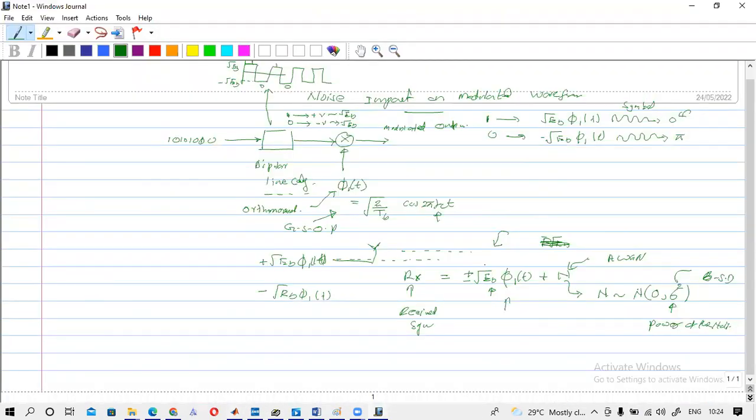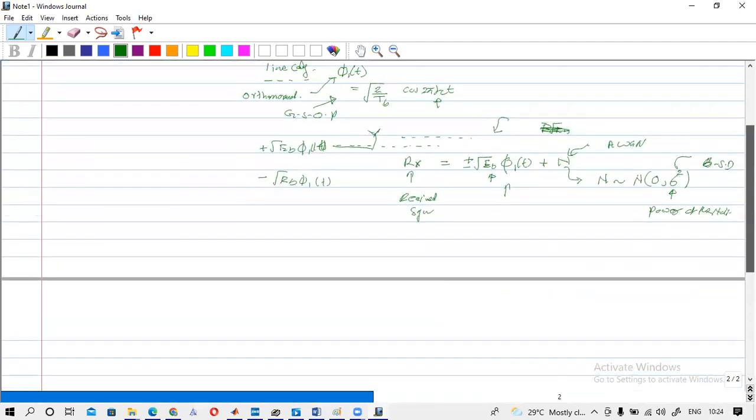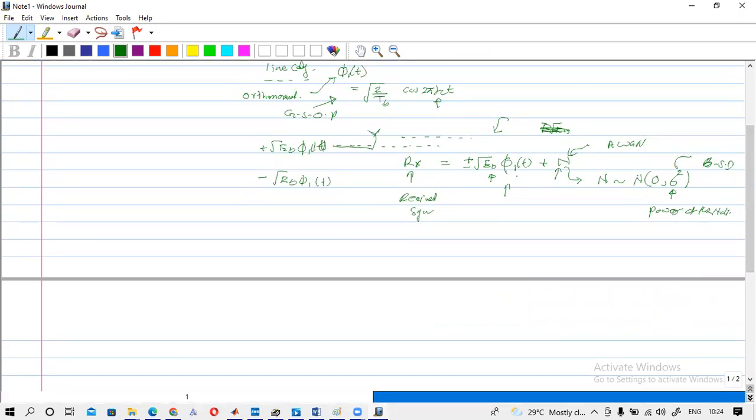So now we are going to add this noise to the modulated signal. This is our modulated signal. Can you remember that we have used t from 1 to n to generate this modulated signal, and we have some values here?